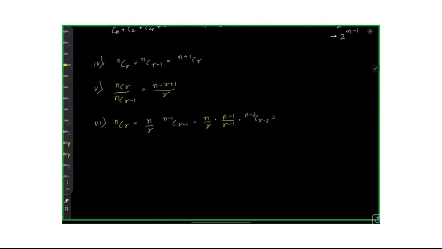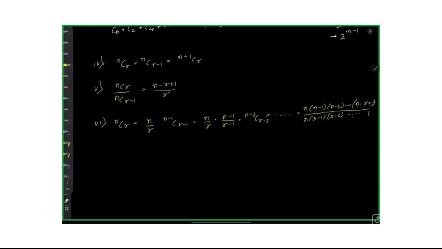It can go on and on, to any number of terms. If I generally write any term: (n minus 1) into (n minus 2) into dot dot dot (n minus r plus 1) over r times (r minus 1), (r minus 2), dot dot dot ending at 1.